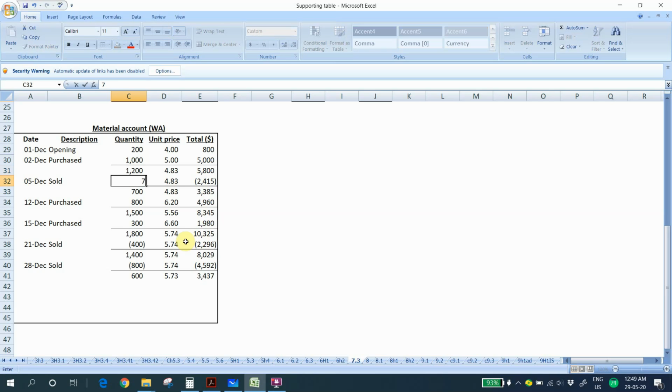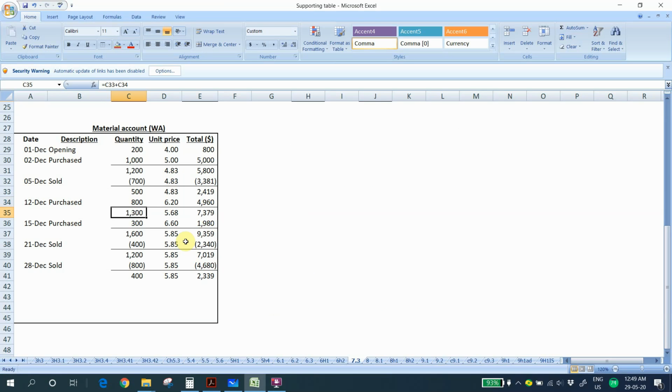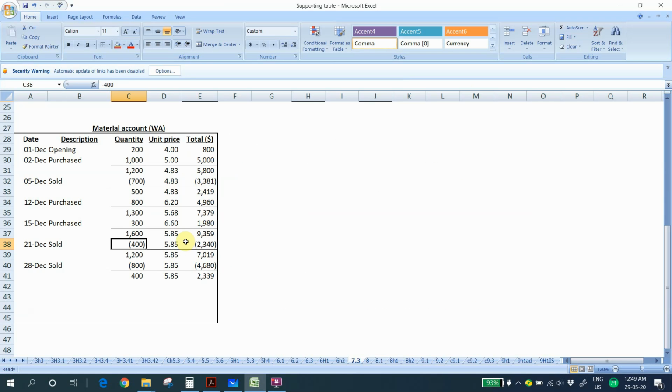The sold on 5th should be 700 units. Apologize. 700 units, 800, 300, and then 400, and this should be 500. All right, so our answer is correct now.